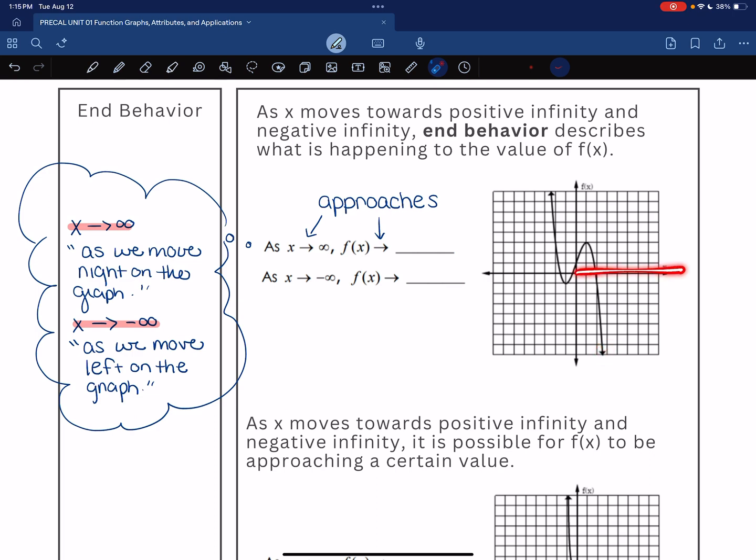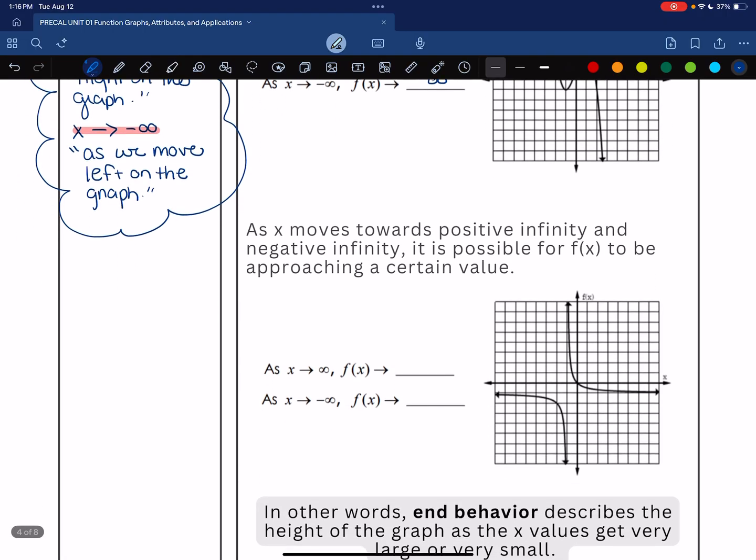Well, as we're moving this way, the graph is going down, down, down to negative infinity. It's approaching negative infinity. And conversely, as x approaches negative infinity, that means as we're moving left on our graph, we're going up to infinity.